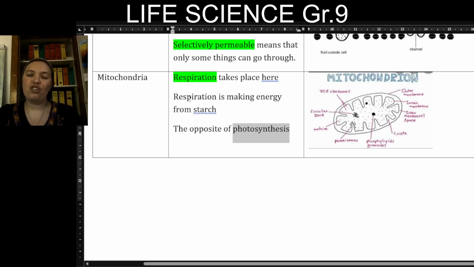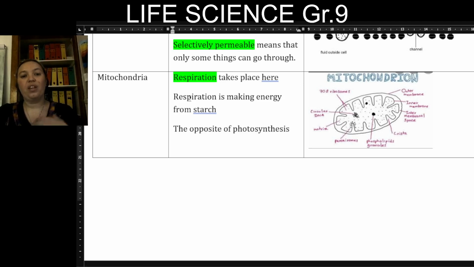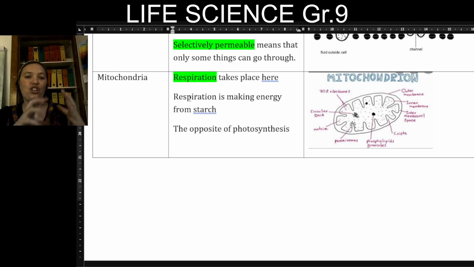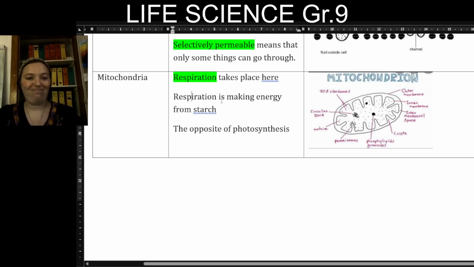So respiration is the opposite. We eat the food that the plants make to get the energy, and then in respiration we take the molecules and break them up into pieces so that we can get the energy, so that we can move around and use it. All right, that is the mitochondria.